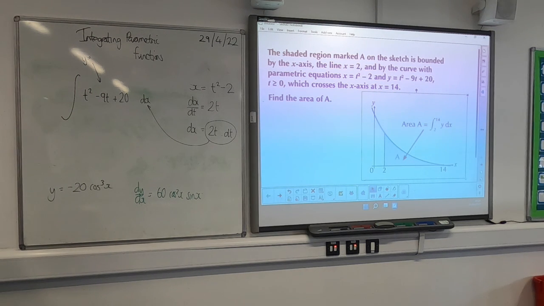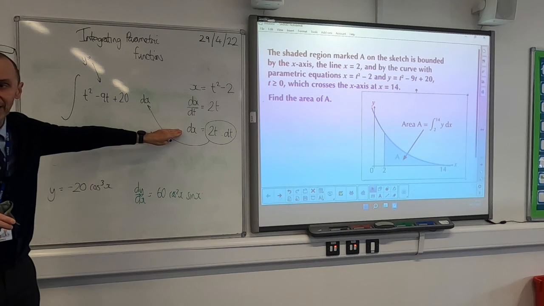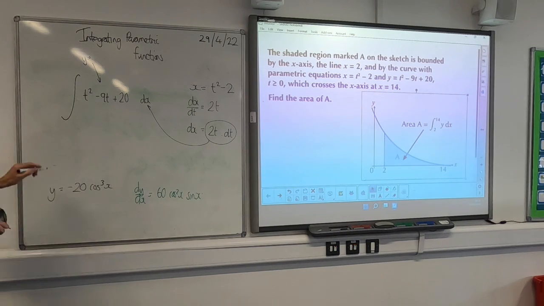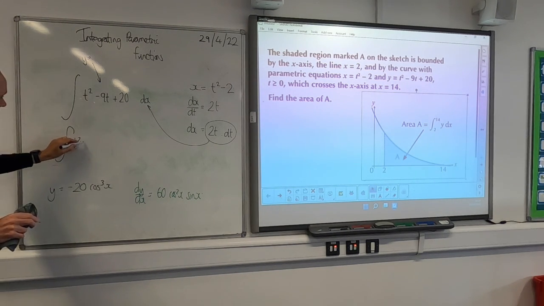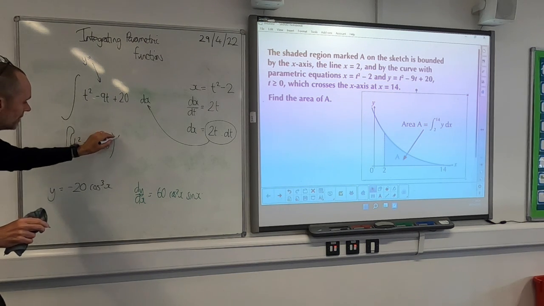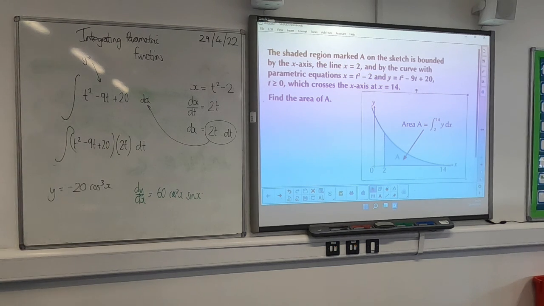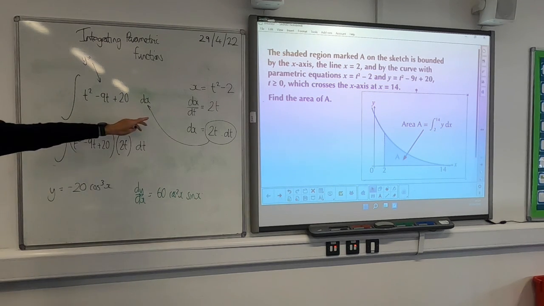So integrating parametric functions is easy. You put your y equals function into the integration, and you use the x equals function to get a replacement for dx. So it gives us, and I'm just putting it like that so that it's clear that I need to multiply all of this by 2t.